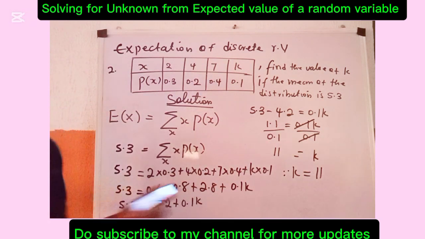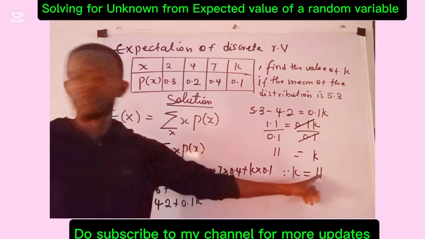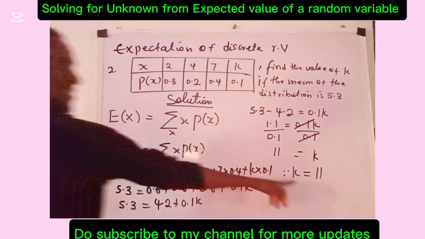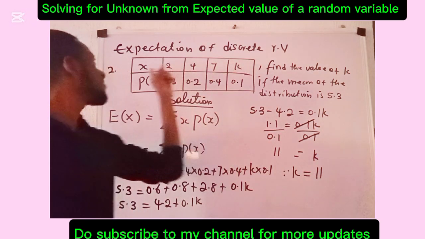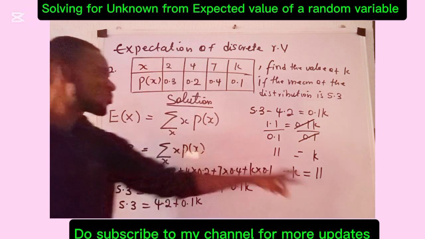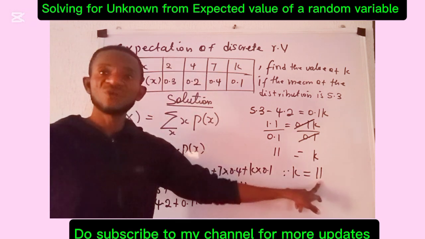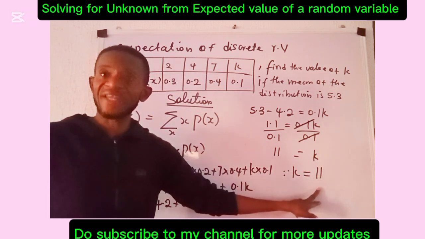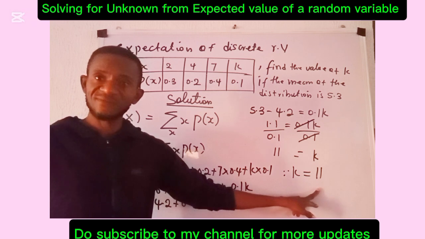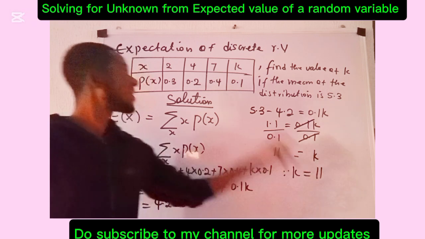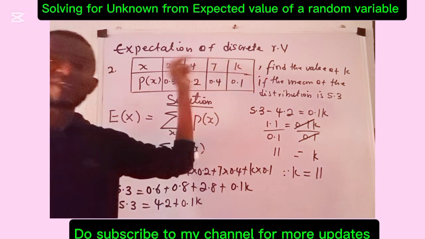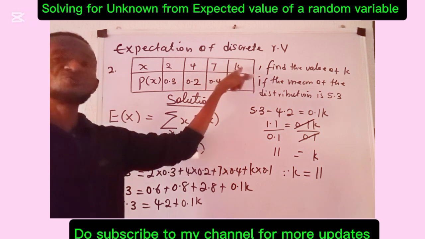You see, the value we got here is not a probability value. Instead, it is a value of a random variable x. If it were a probability value, it would be a value less than 1 and non-negative. So this 11 here stands for the value of the random variable, which actually should be in this place.